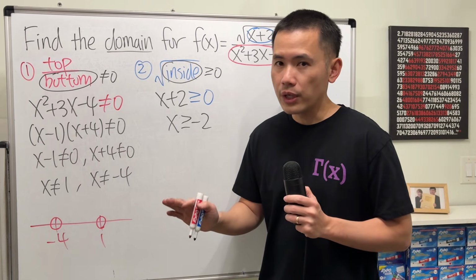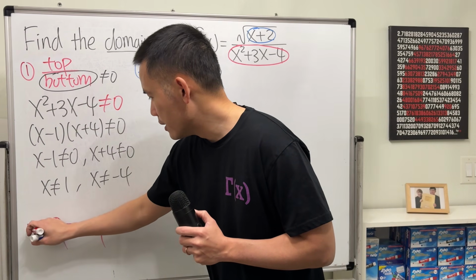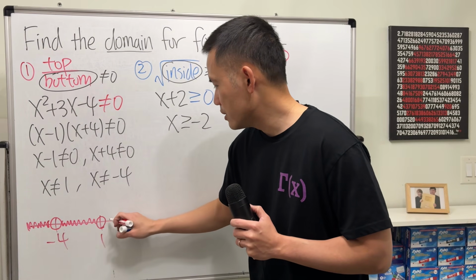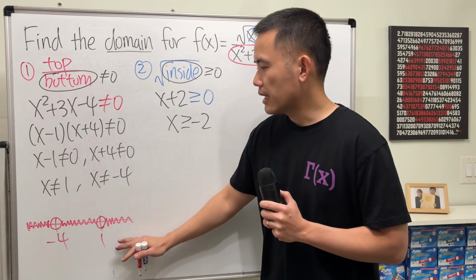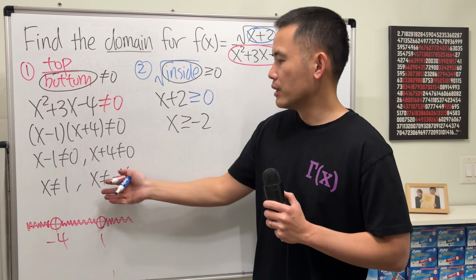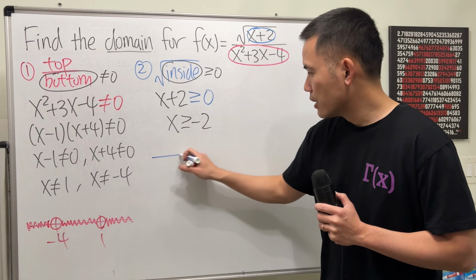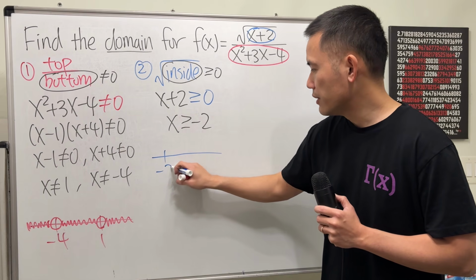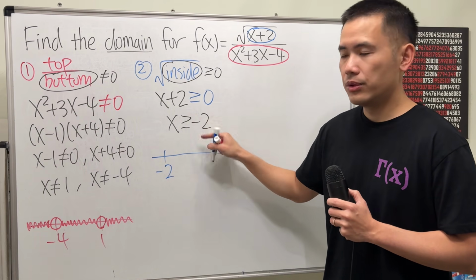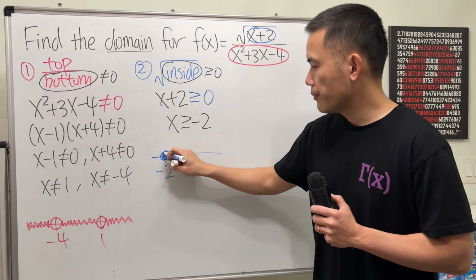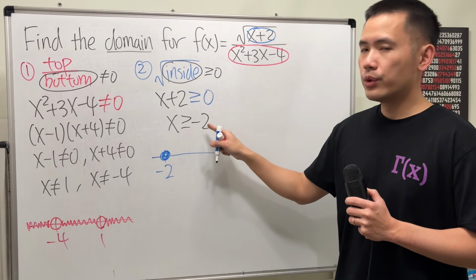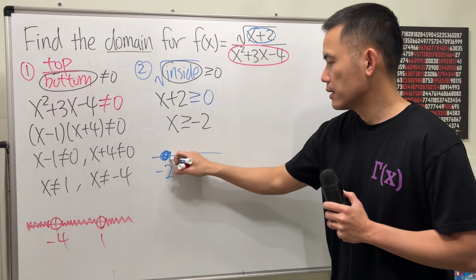But anything else is okay. So that's the picture way to show these two inequalities. Now for this one, we are going to negative 2. We are including negative 2, so we use a closed circle. X is greater than or equal to this number, so we go to the right.